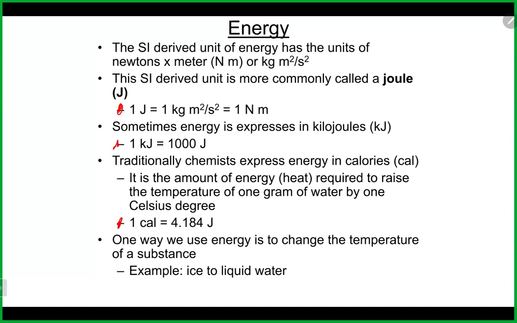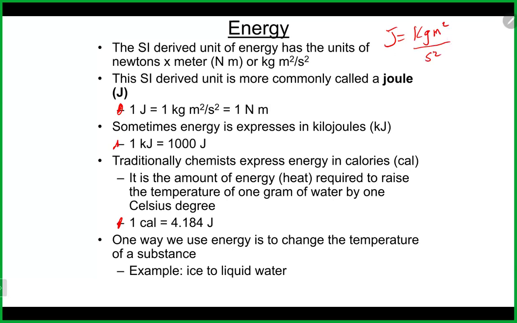A joule and kilojoule are your 2 most popular units of energy in chemistry. And a joule, maybe not so much for our class, but in a later class, this relationship is also an important one.